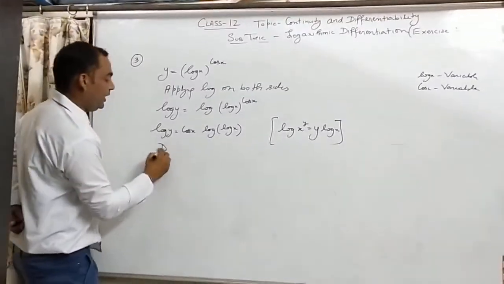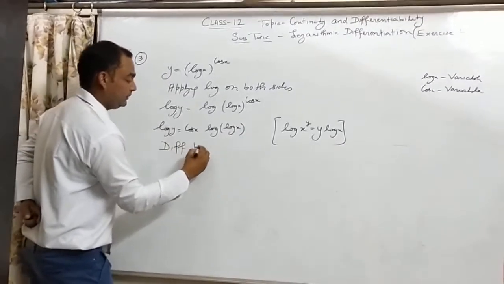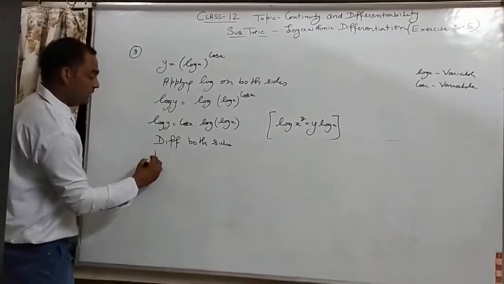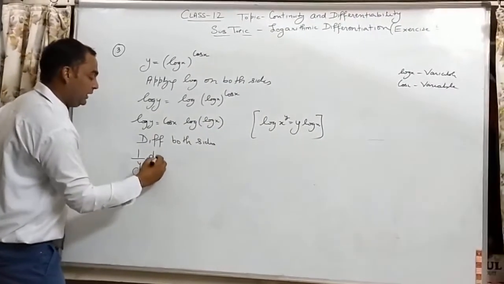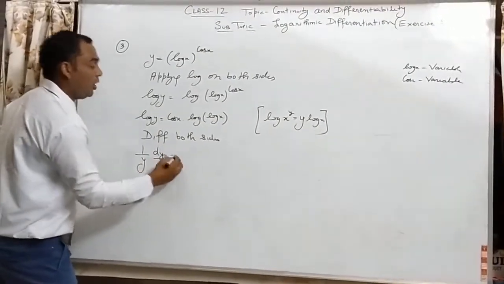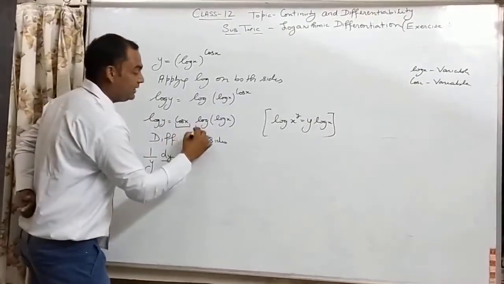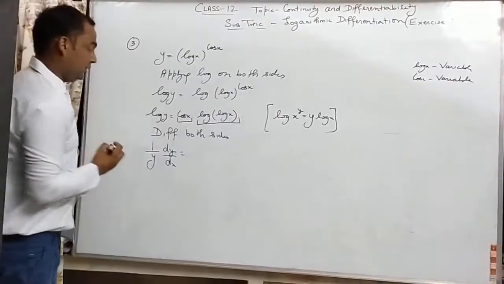Now differentiating both sides, we get derivative of log y is 1 upon y dy upon dx. Now here there are two functions, one is cos x and second function is log of log x.